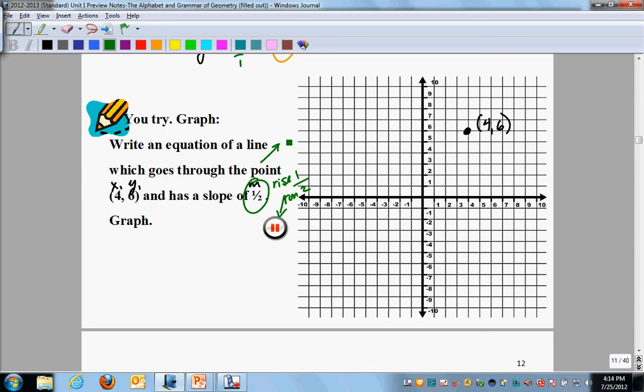And we're going to go up from left to right because it's positive. So we rise 1, go over 2, or we can go down 1 and over 2 this way. So we're going to graph that line, see what happens. A little off. Let's try that again.